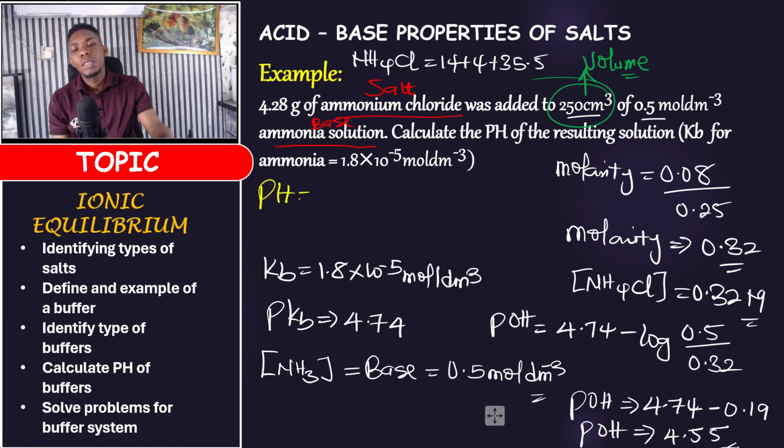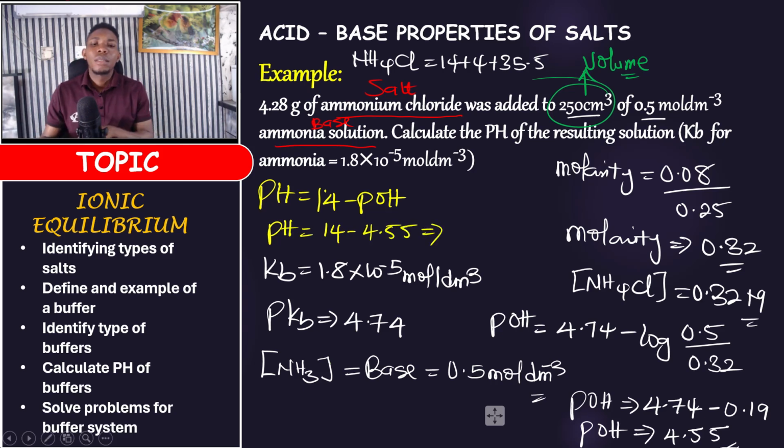We said pH is equal to 14 minus pOH. True or false? True. So our pH now will be 14 minus 4.55, my dear students, which is going to give us 9.45. And that was how you got the 9.45 in the material.